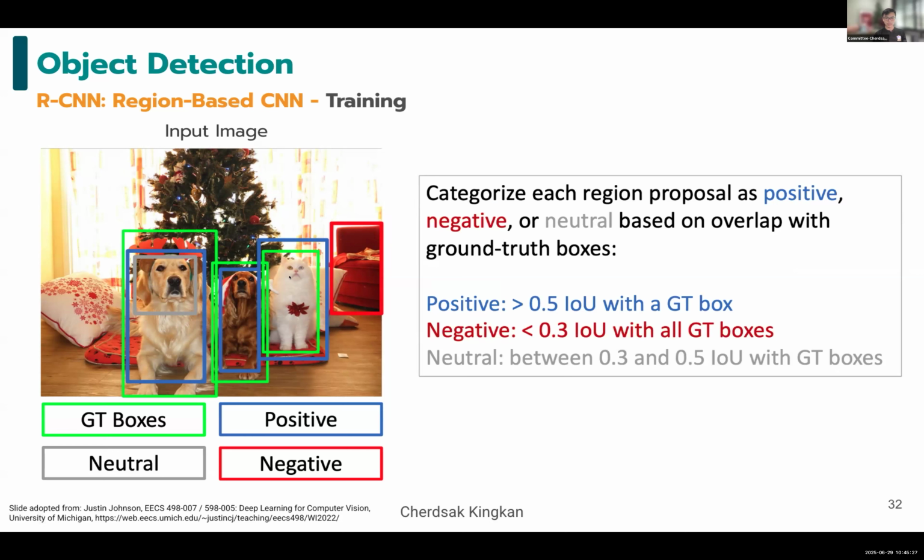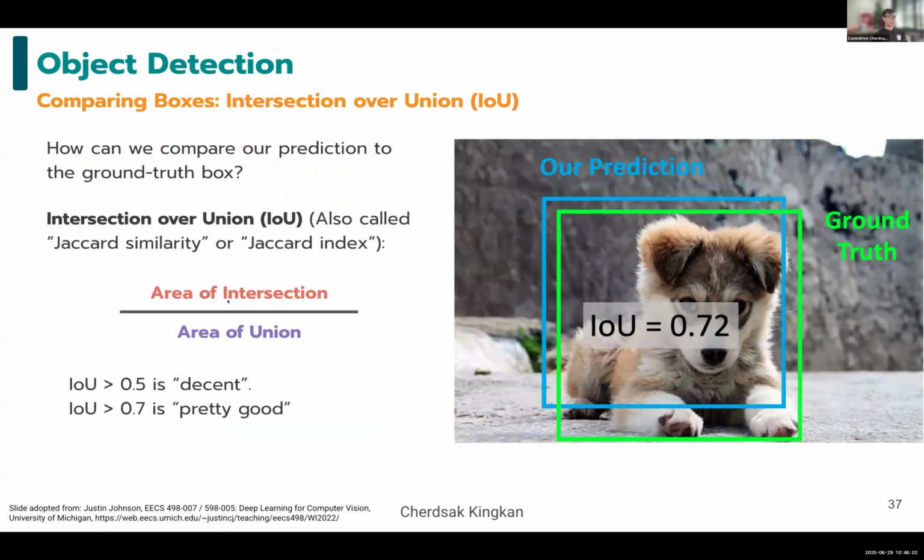From region proposal methods, we can get roughly about 2,000 regions. From those 2,000 regions, we need to label or categorize them by using the IOU, which one is positive, which means it most likely overlaps with the ground truth. And also we need to categorize them as negative, which means it's unlikely to overlap with the ground truth.